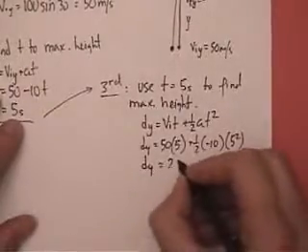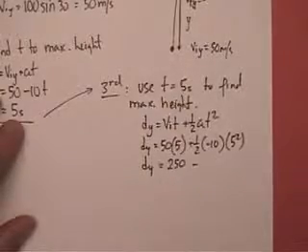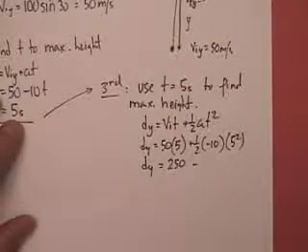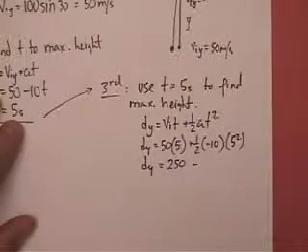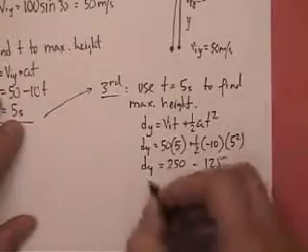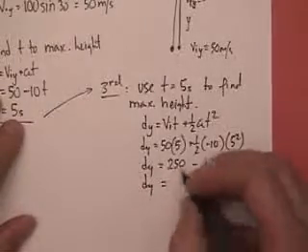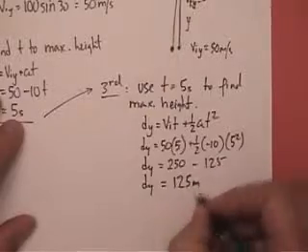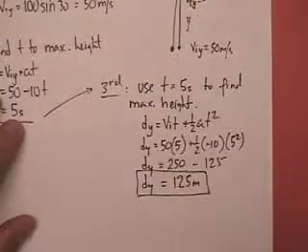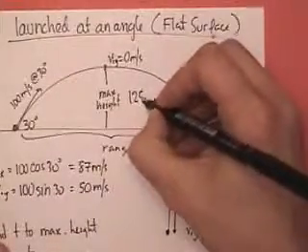Okay, that's 250 minus 25 times 5, 125. So my dy ends up equaling 125 meters. That means that's my maximum height. This is 125 meters from here to here.